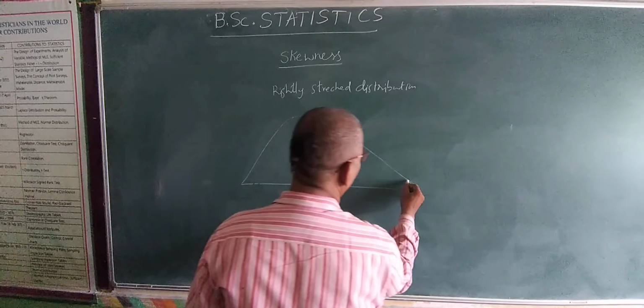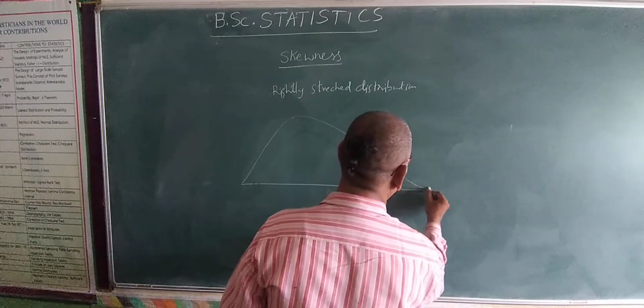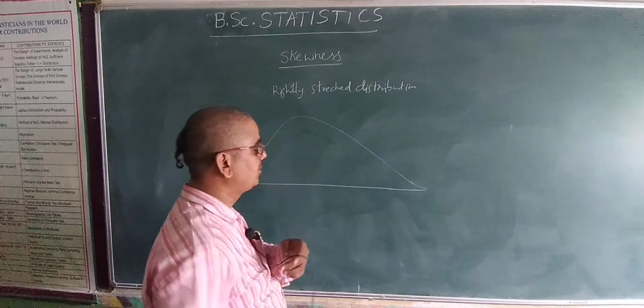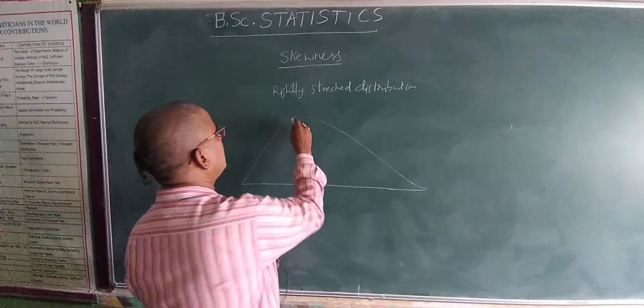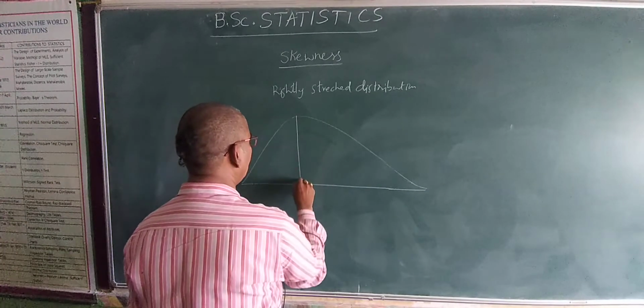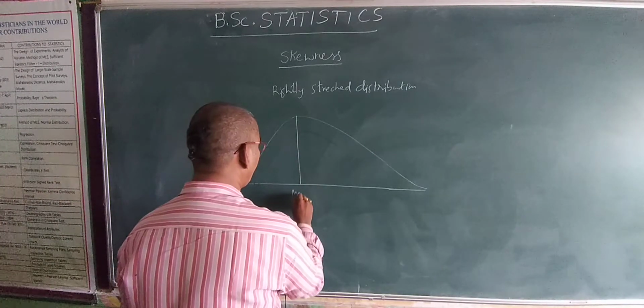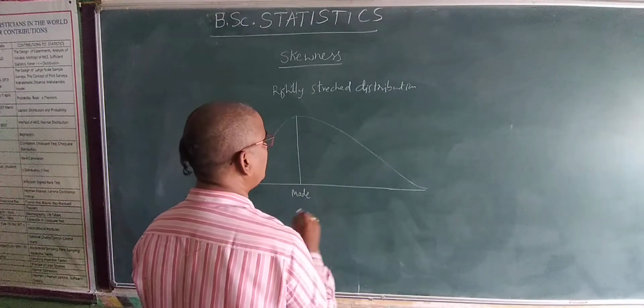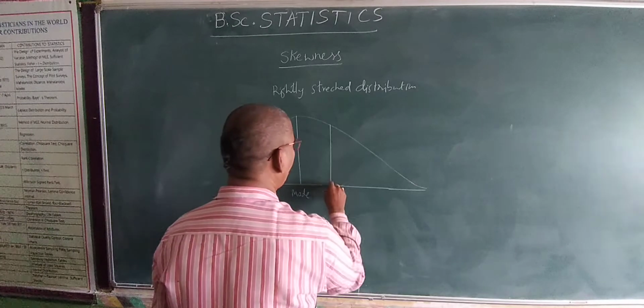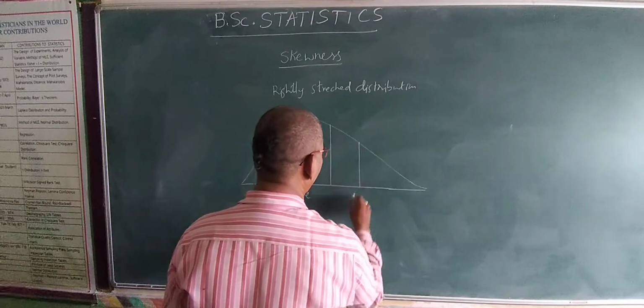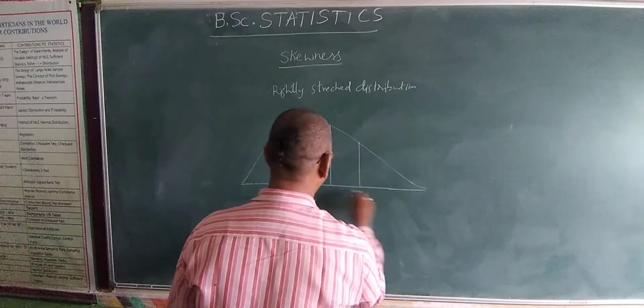You observe this. This is exactly the rightly stretched distribution, where we can easily observe that the point having the maximum frequency is the mode. Okay, and I draw two other lines, one for mean and then one for median.